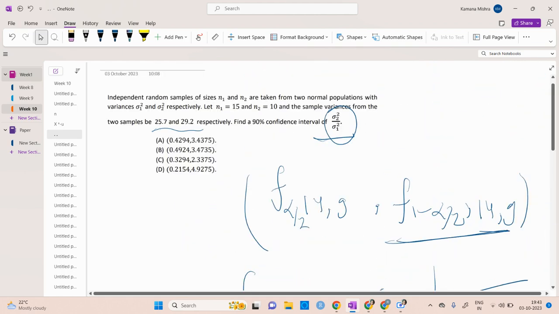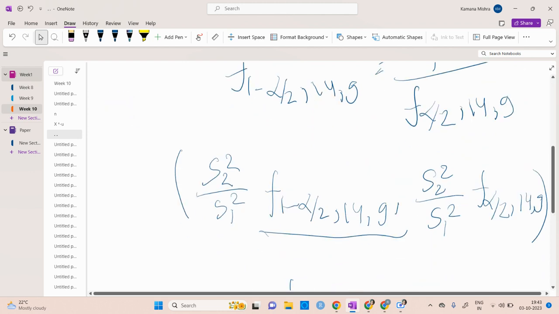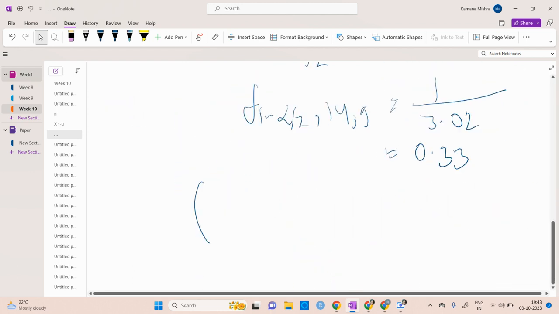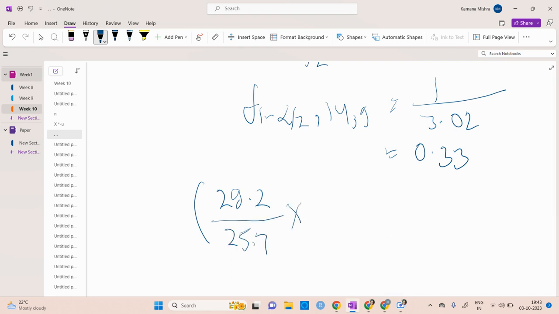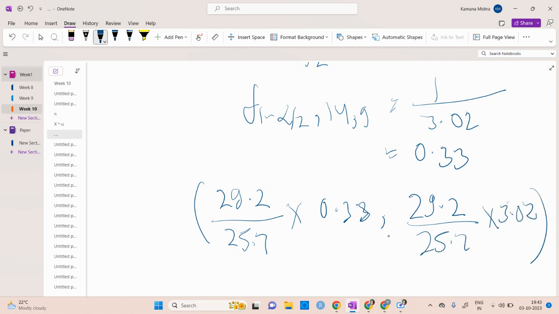So now you have S2 square. S2 square is what? 29.2 divided by 25.7 times 0.33, comma, 29.2 divided by 25.7 times 3.02, right?